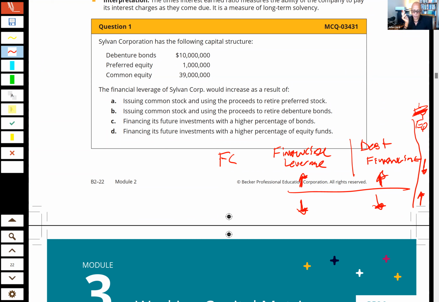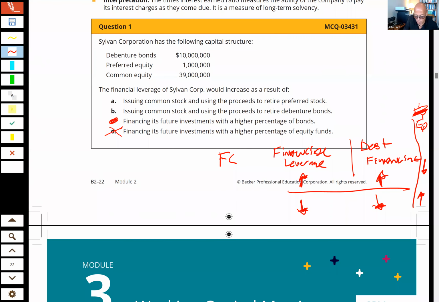So you look at that, the financial leverage would increase as a result of, and just looking at our flashcard, D is wrong. Higher percentage of equity, no. Looking at C, issuing its future investment with a higher percentage of bonds. Bonds are what? Our debt financing. So that's the right answer.